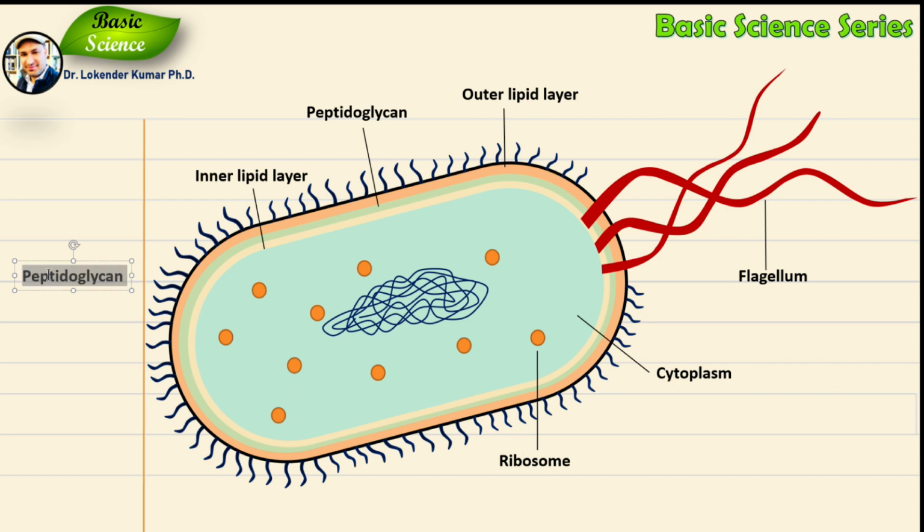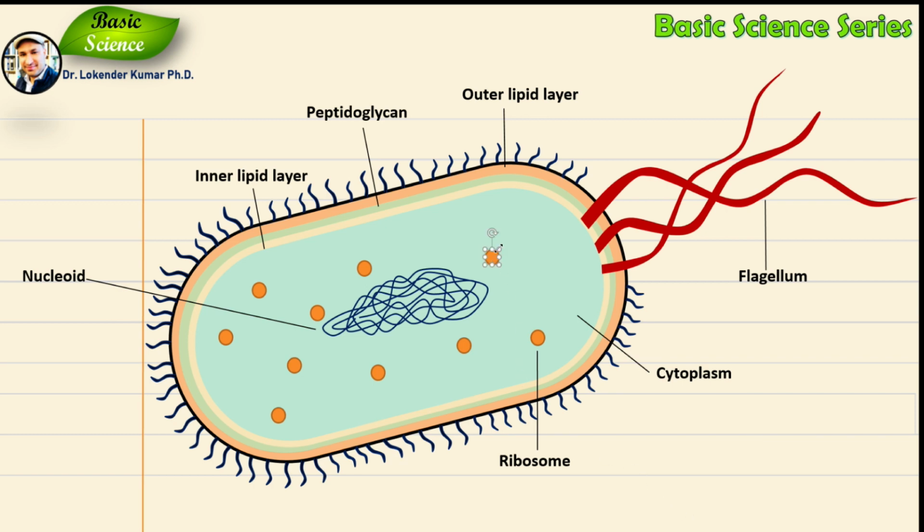Now you know what is nucleoid. Nucleoid is basically the genetic material of the bacterial cell. Right here, a little too far, but you can see it, right? All right, anything else in the bacterial cell?